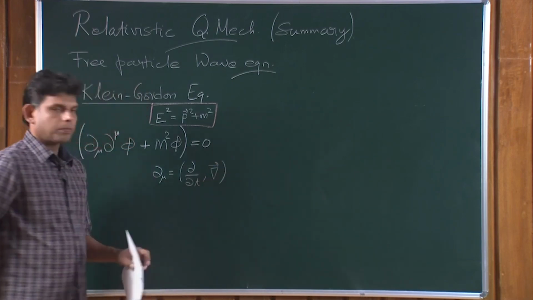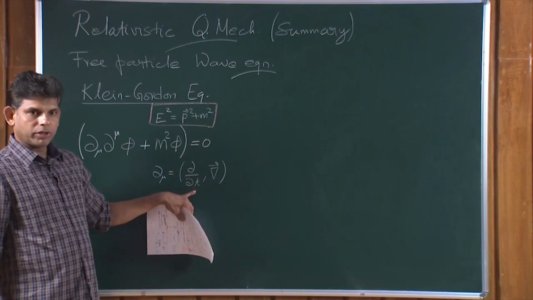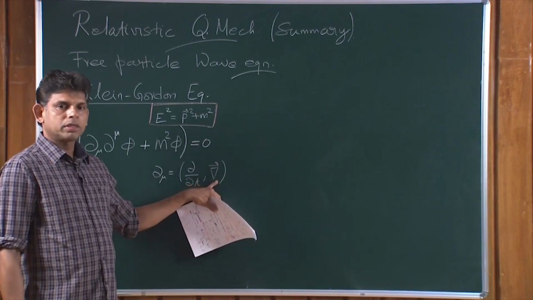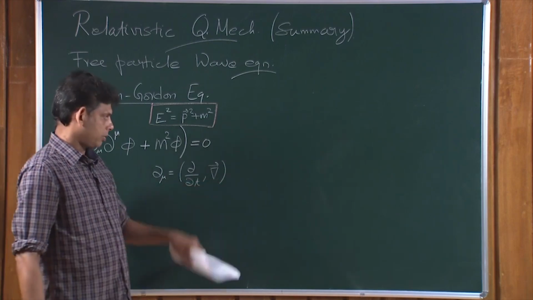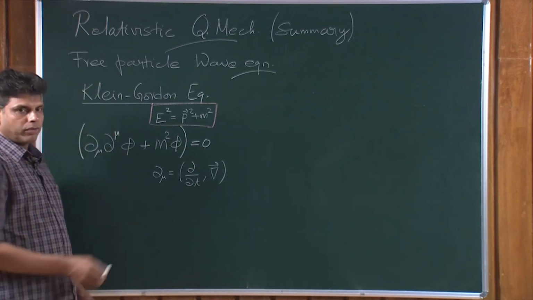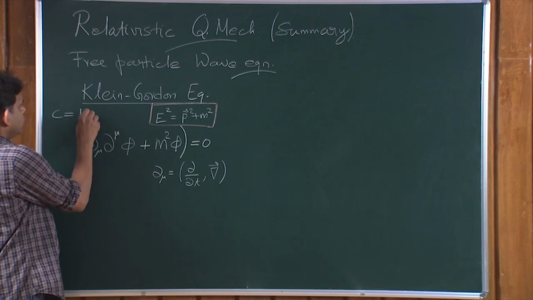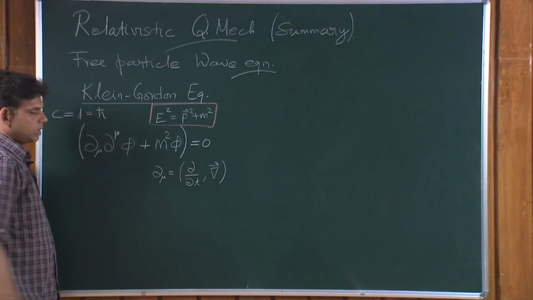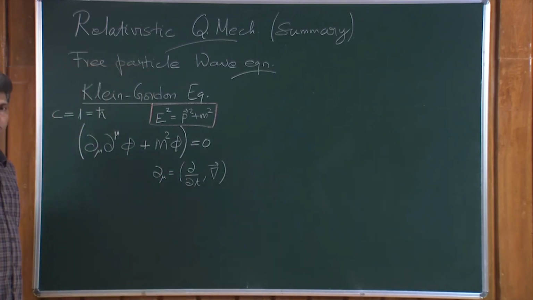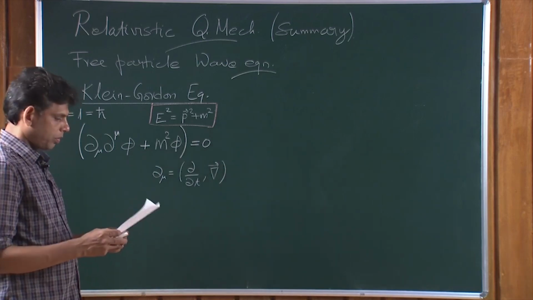In components, it has a time component, time derivative, then 3 spatial derivative components combined in the gradient operator. We are considering a framework in units where c is taken to be 1 and so is the h cross, the reduced Planck constant, which is also taken to be 1. So, that is the unit we will be using.